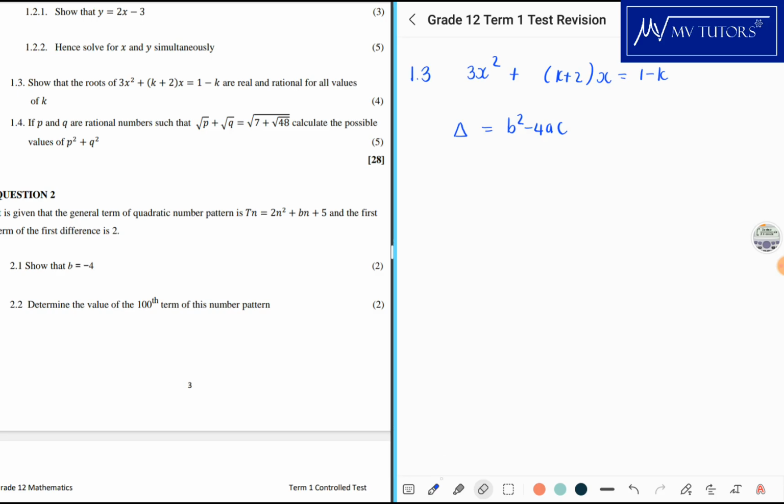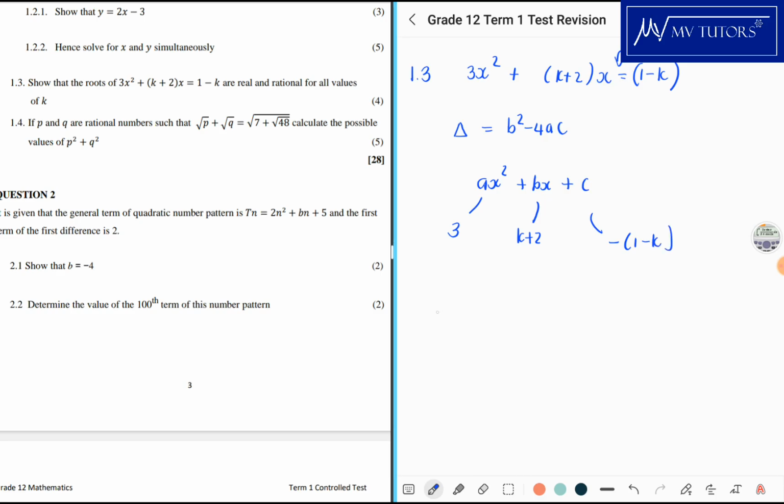Remember, our formula for a quadratic equation is ax squared plus bx plus c. So in this case, our a is 3, our b is k plus 2, and our c, we need to take it to the other side. If we take it to the other side, c will be negative 1 minus k.